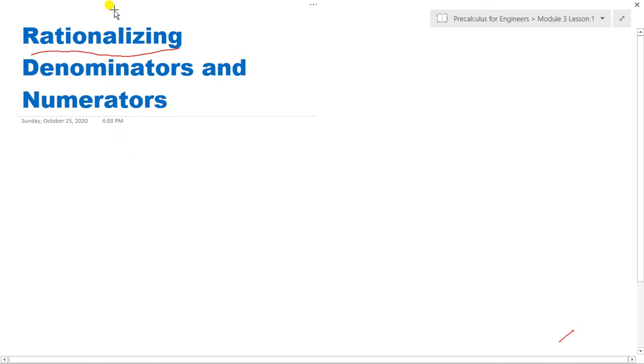Let's say we are given square root of 3 minus 1 all over 2 square root of 3 plus 3. So ganon.